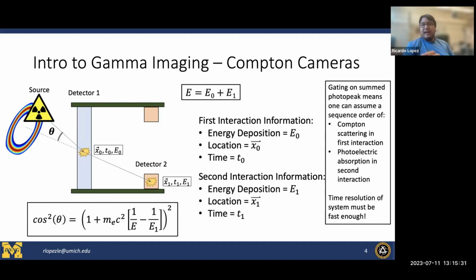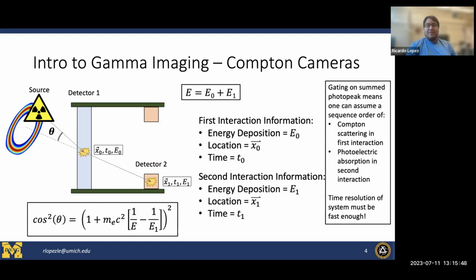And again, this kind of method really only works if this specific sequence is followed. So first the Compton scatter, and then a photoelectric absorption, such that you actually get the full energy deposition of your particular gamma ray in this case.